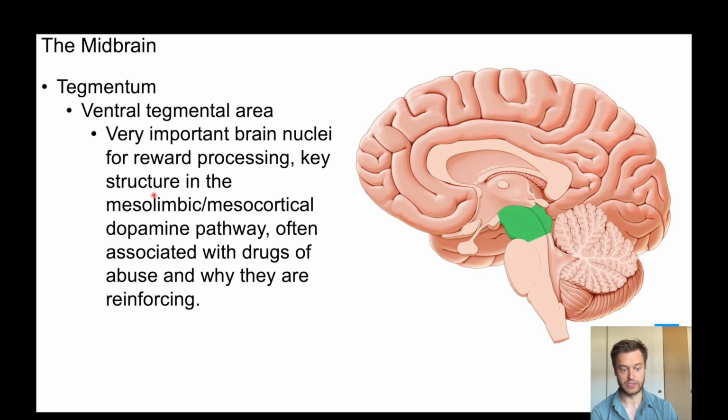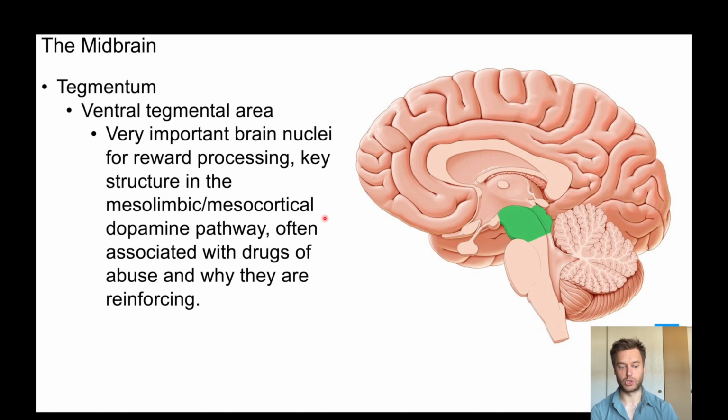That's why it's called mesolimbic. Or the ventral tegmental innervation of the cortex, and that's why it's called the mesocortical dopamine pathway. So sometimes people will refer to this as the mesolimbocortical pathway, or the dopamine reward pathway rather.